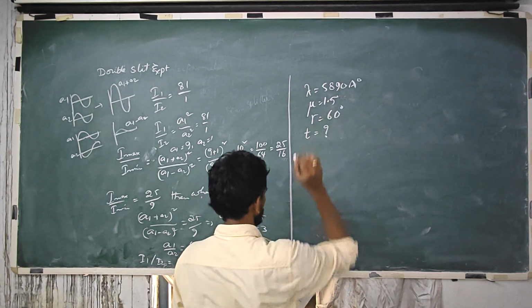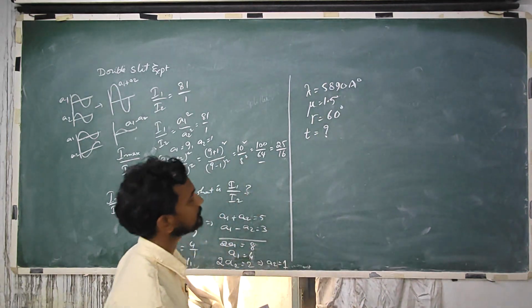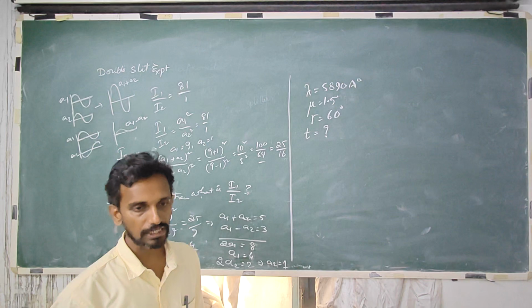What is the least thickness for which the glass plate appears dark?